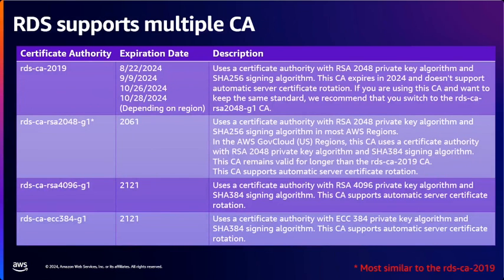RDS supports multiple CAs in the bundle. You can choose one depending on your encryption requirements for your application. The RSA 2048 G1 should require the least amount of testing, as the algorithm is the same as the 2019 certificate. It also is now the default in most AWS regions.